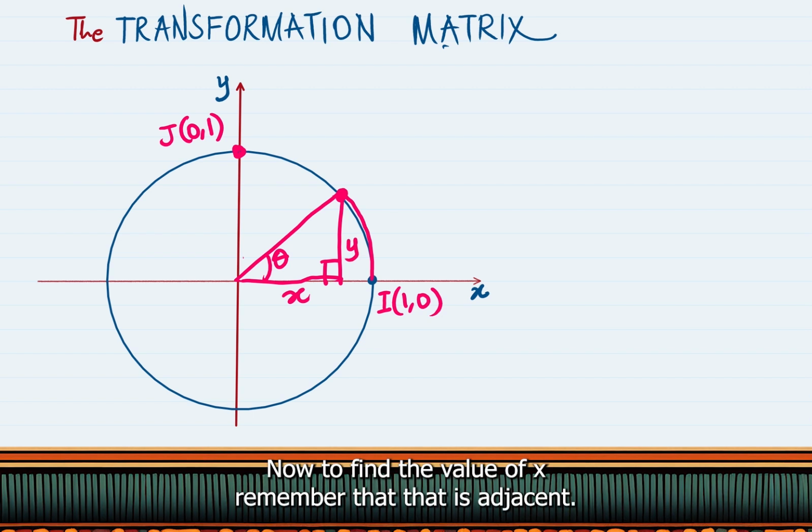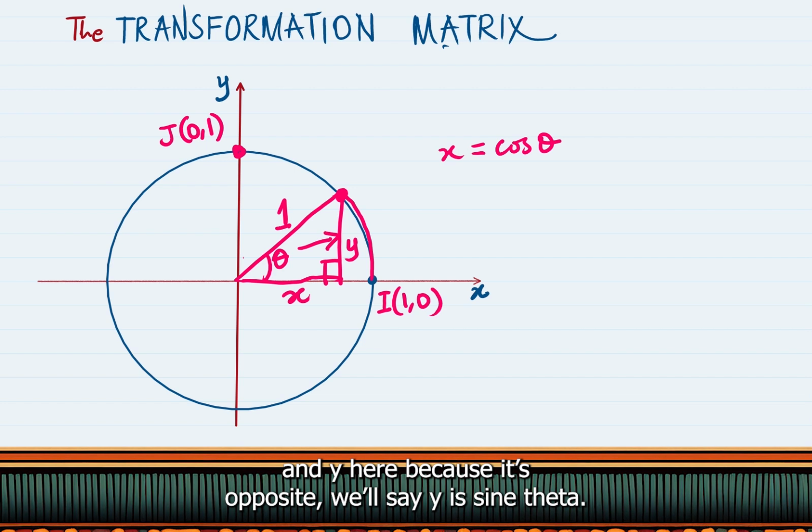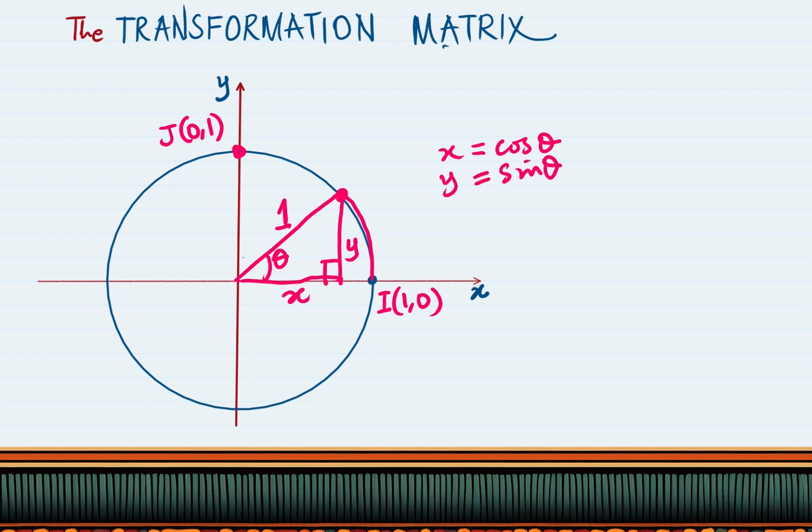Now to find the value of x, remember that that is adjacent, so x there will be cos theta. Remember that this unit is 1, that's important. And y here, because it's opposite, we'll say y is sine theta. So the very first column here, we then read cos theta, sine theta for an anti-clockwise rotation.